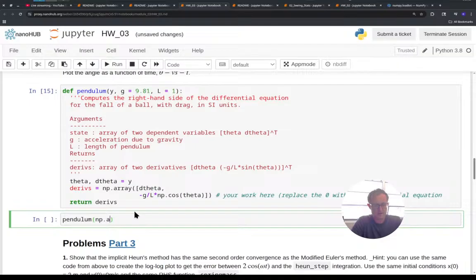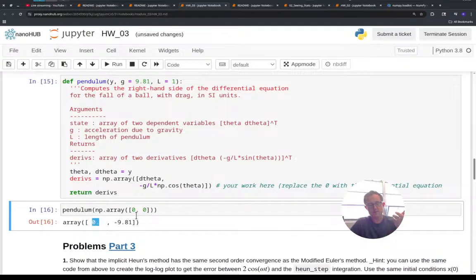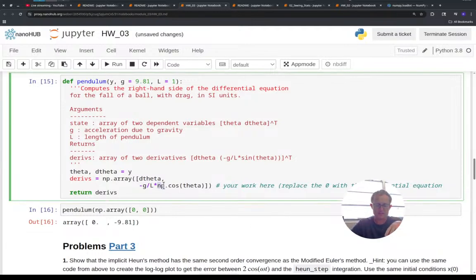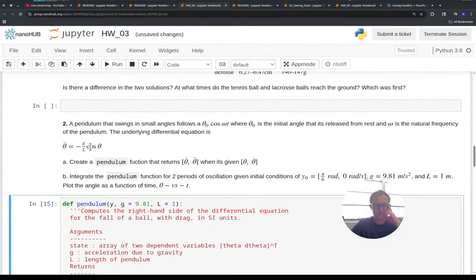So if I give it a position, let's say it's at 0 radians, so it's hanging straight down, and it's not moving, then it will be moving at 0 radians per second, but it will be accelerating at negative 9.81 radians per second squared. That's a little weird, but it's because of this cosine, how this thing was derived.